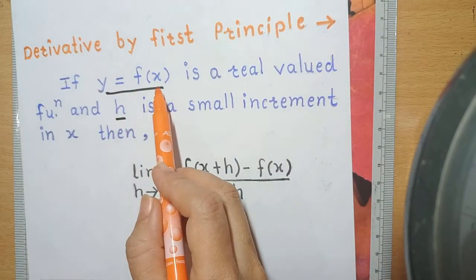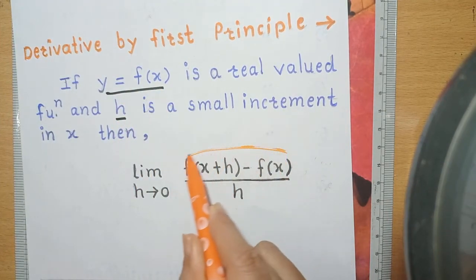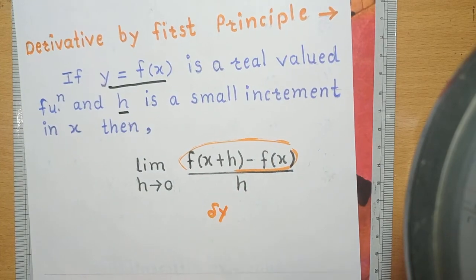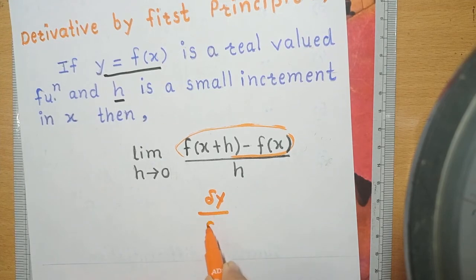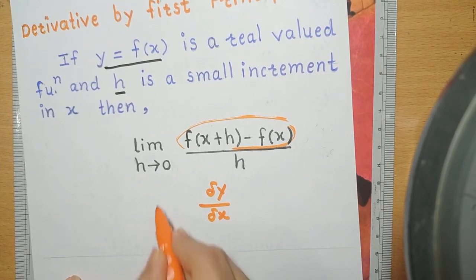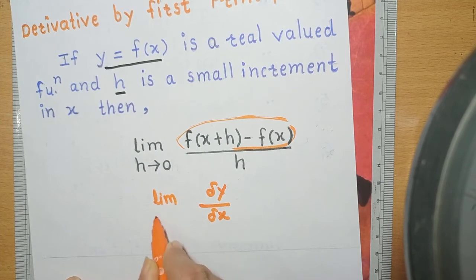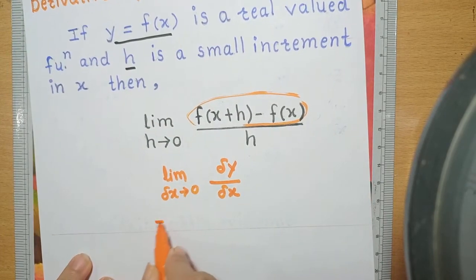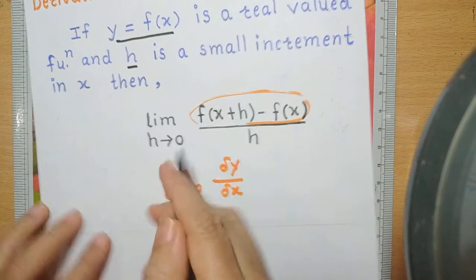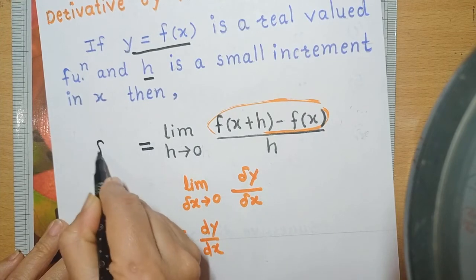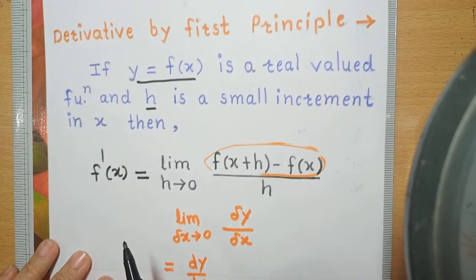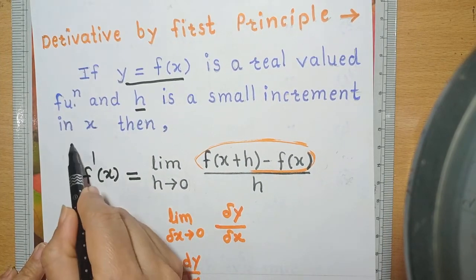Since y is equal to f of x, this means change in y, that is delta y, and h means small change in x, we denote by delta x, as limit delta x tends to 0, and this is nothing but dy by dx. So this is denoted by f dash of x, which is called the derivative by first principle.